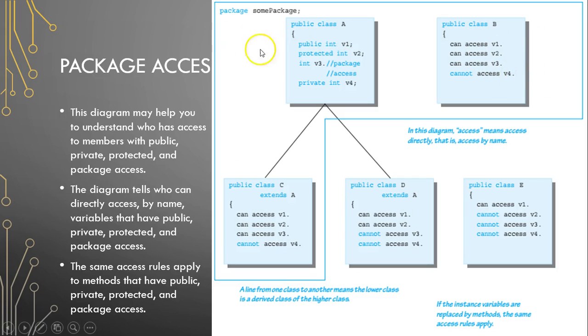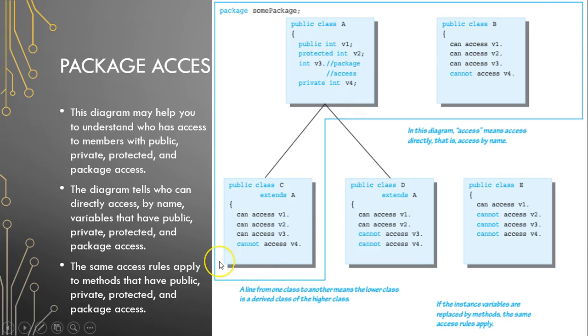That's because variable 1 is public, variable 2 is protected, and variable 3 is package, and of course B is in the same package. It can't access variable 4 because that is a private instance variable. None of these should be able to access private instance variable 4, except for A, because private means that it's restricted to that class.